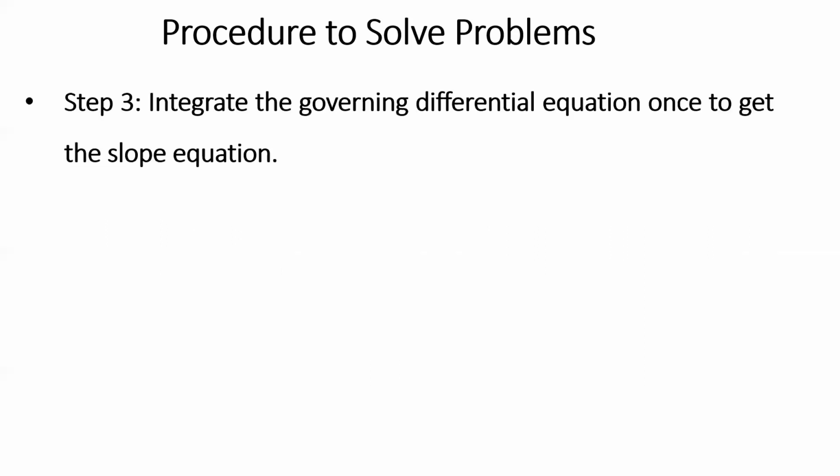Step number 3, after substituting the bending moment value in our governing differential equation, I'm going to integrate that governing differential equation one time. And we have already seen, if you integrate it once, we are going to get our slope equation.